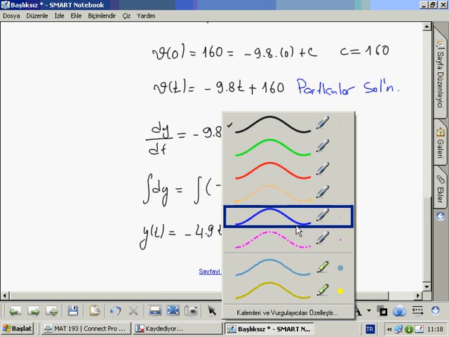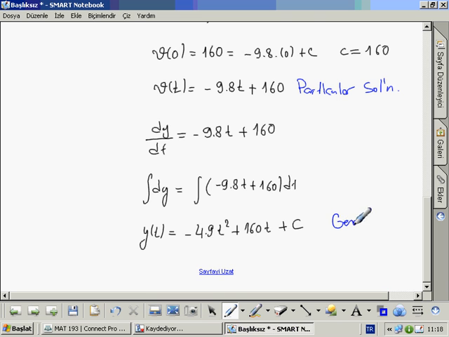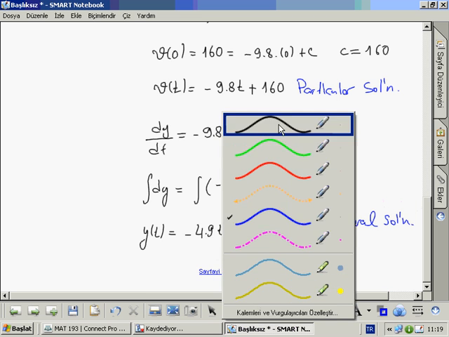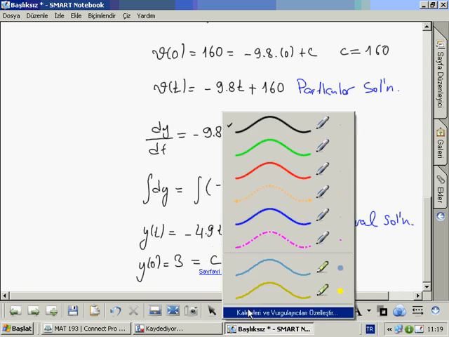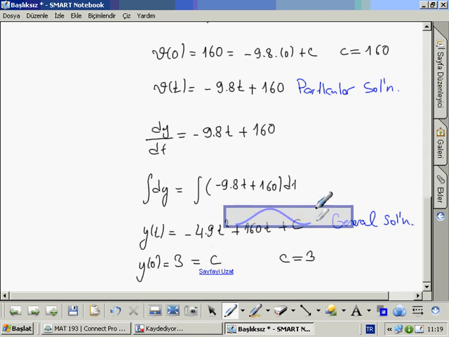That's again the general solution. After that we know that y(0) is 3, so it's equal to c, and now we know c equals 3.